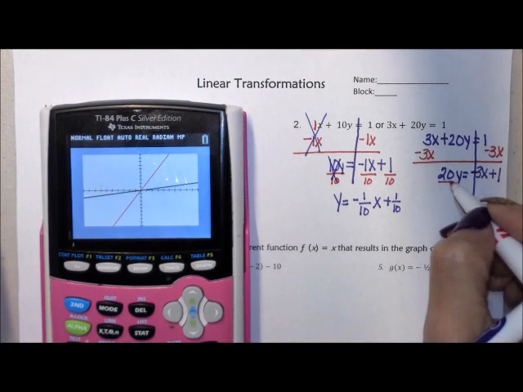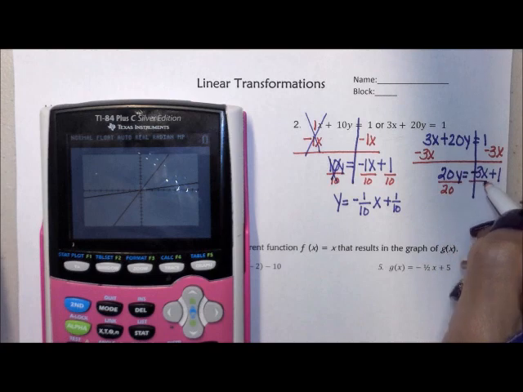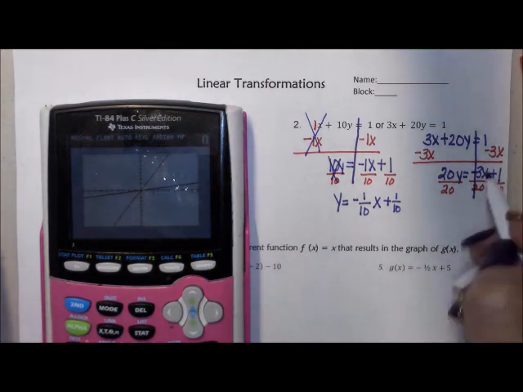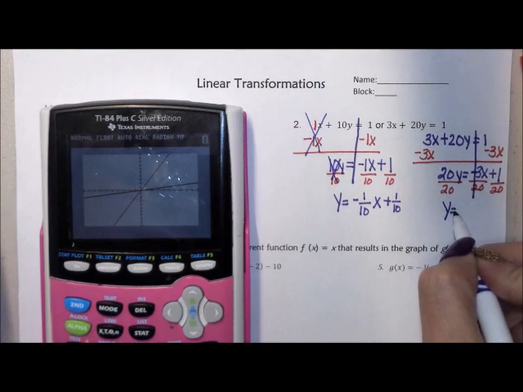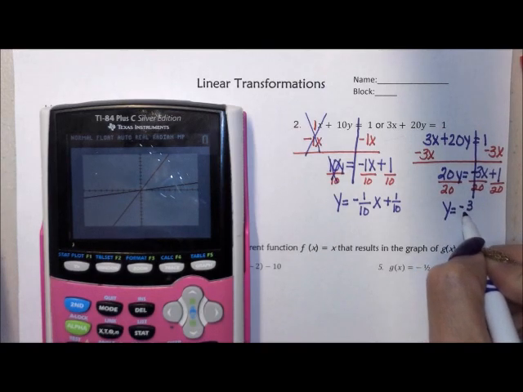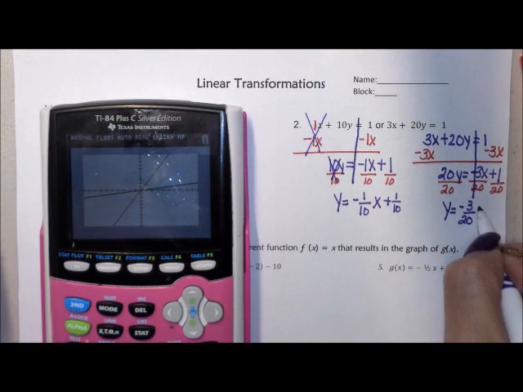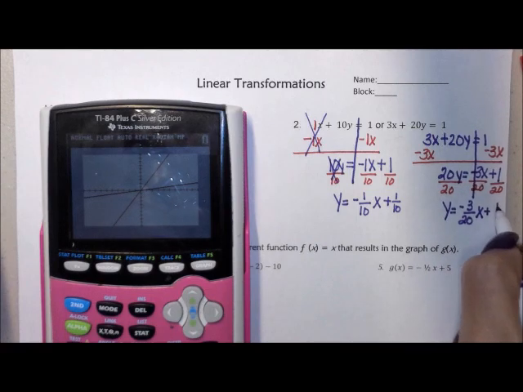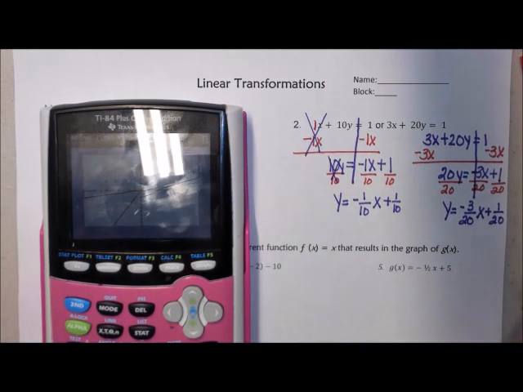Let's divide everything by 20. Everything, not just the ones you want. So y equals negative 3 over 20x plus 1 over 20. Ew, ugh.